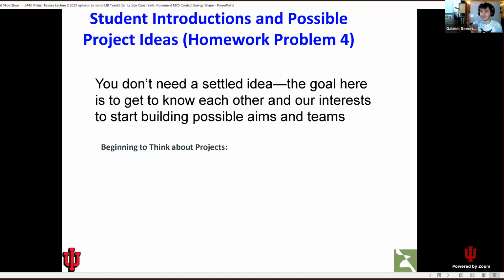And CompuCell I'm really excited to dig into. So maybe we can evolve a locomoting agent, but I'm still deciding. Something to do with regeneration, something to do with possibly robotics. I don't really know yet.